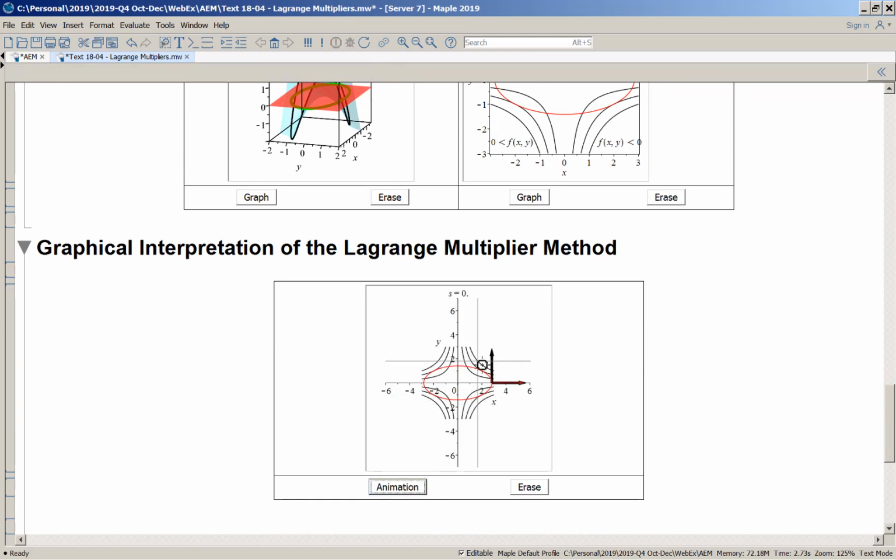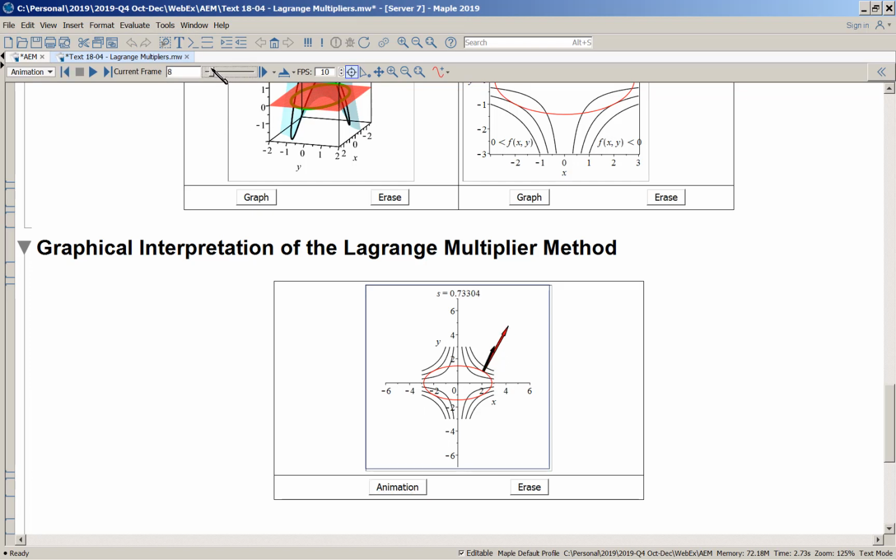We have the level curves of f. We have g equals 0. Gradient of g is in red because g is in red. And gradient of f is in black because f is in black. And let's run that animation and see what happens.